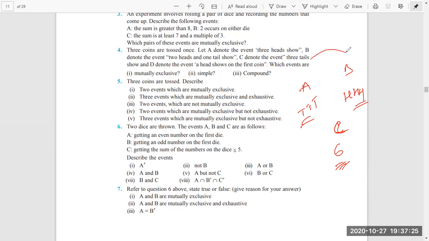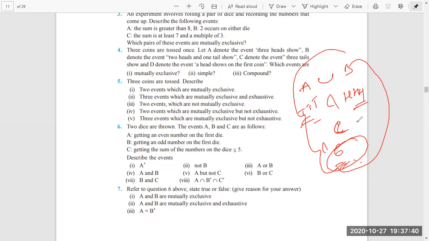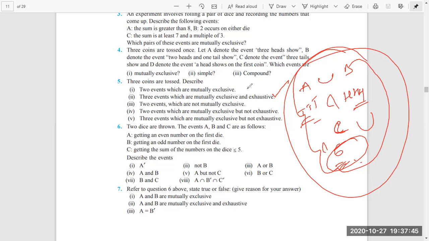Other than these two, you get all the outcomes. If you take the intersection, they are mutually exclusive, and if you take the union of all the things, they are mutually exhaustive, right?